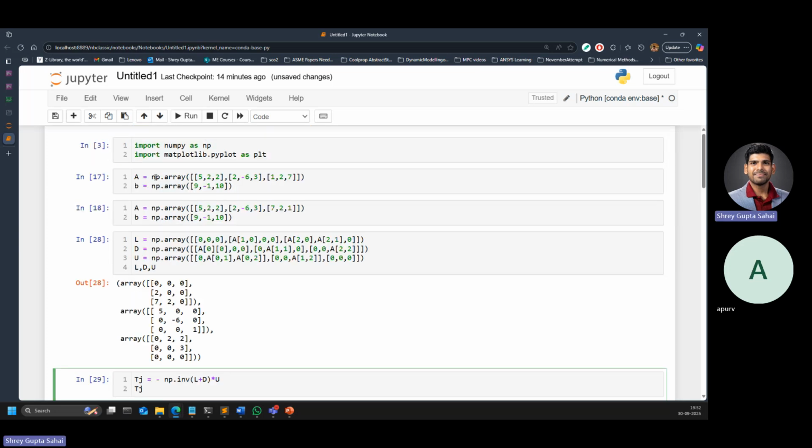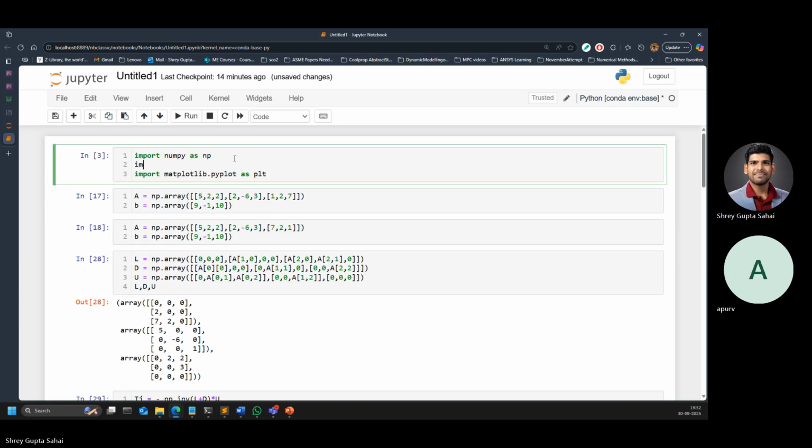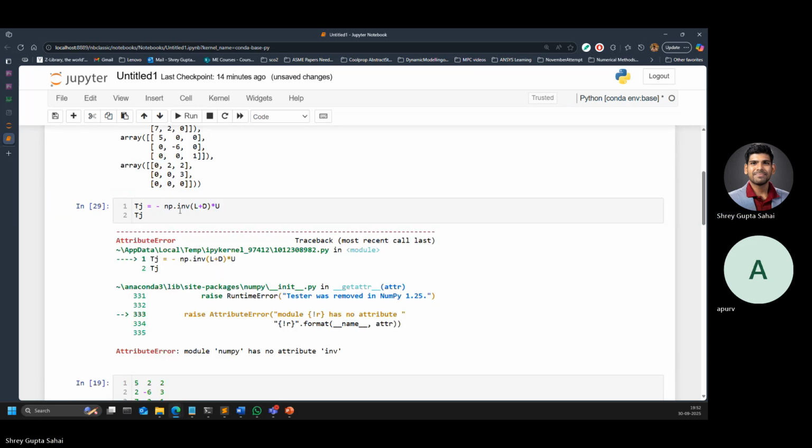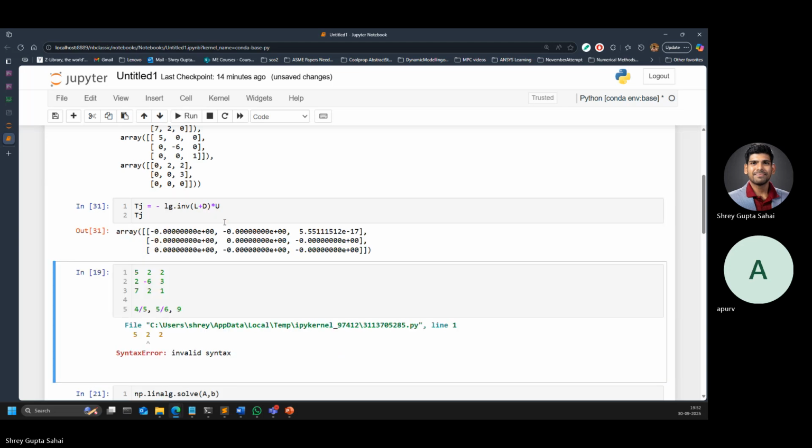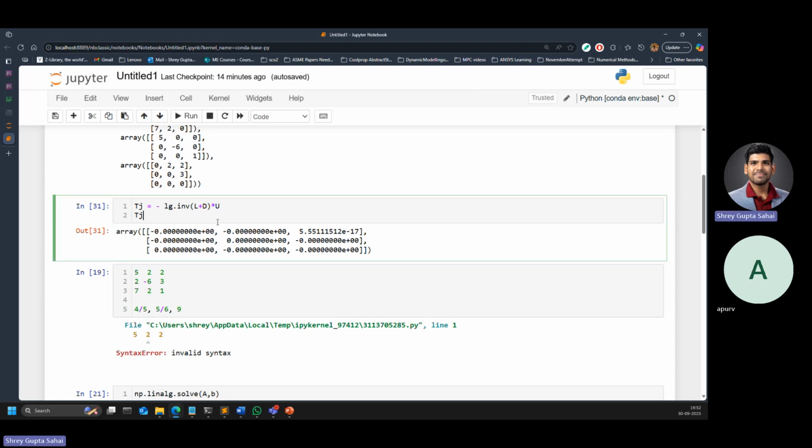Oh, we have to use SciPy. SciPy dot linear algebra as LG. Yeah, interesting.